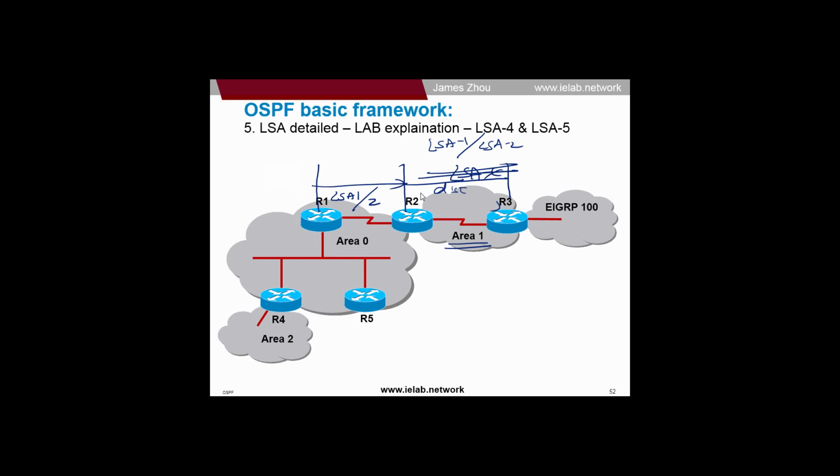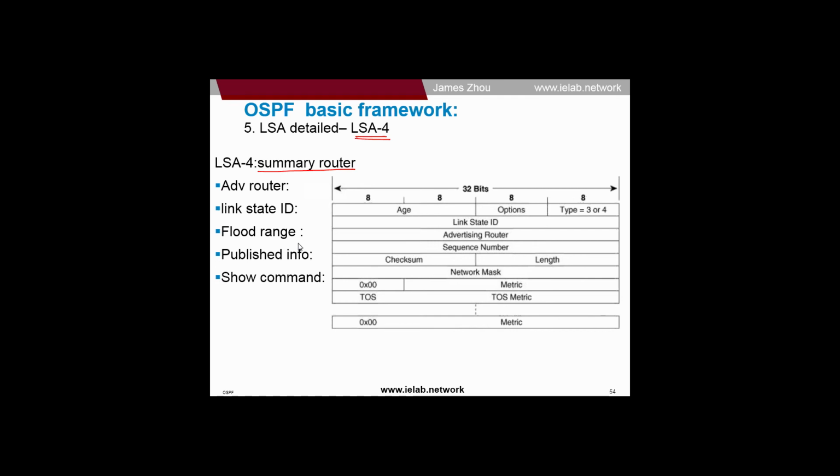The ABR transmits LSA4 into area 0. This LSA works together with the others to help the router calculate the distance from me to the ASBR. So this is the function of LSA4. Here the network mask is 0.